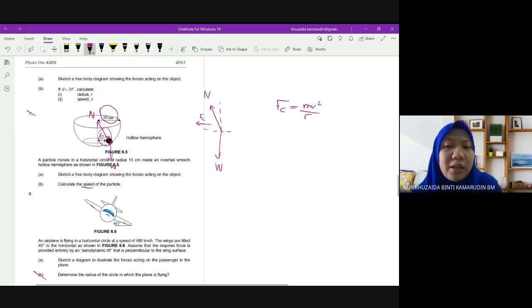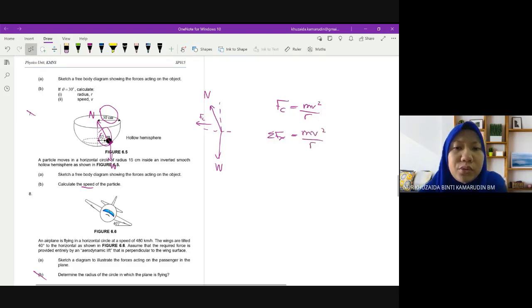Terus tulis mv square over r sebab soalan minta speed. Fc in X component means the Fc provided by force in X component. So summation of Fx equals mv square over r.